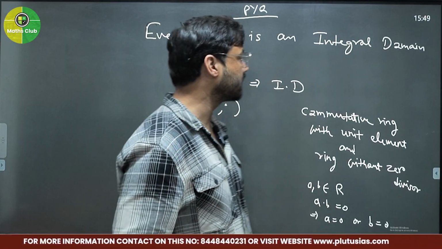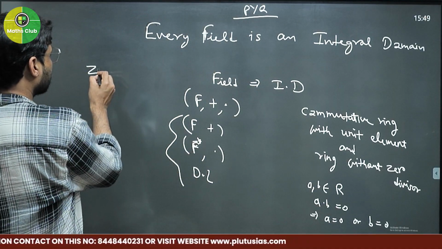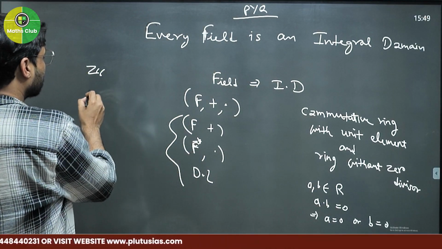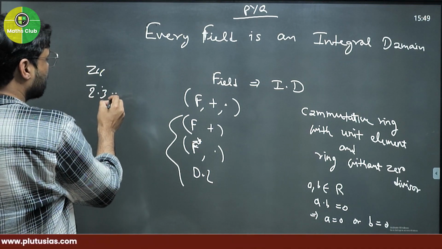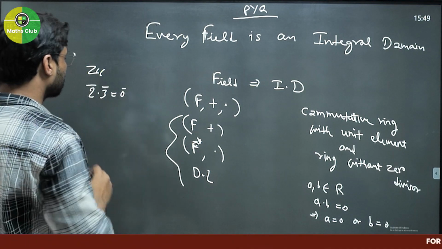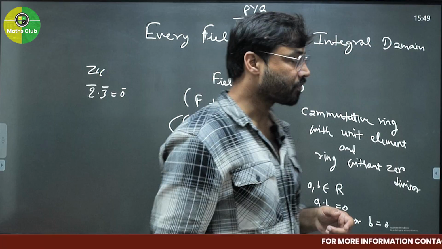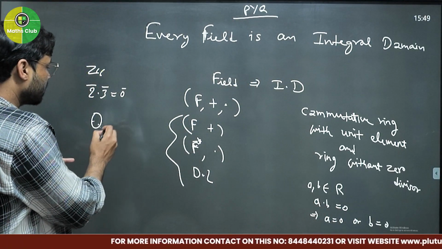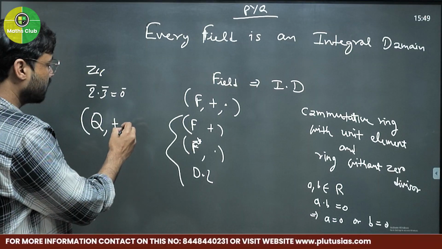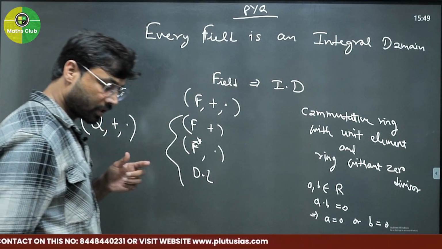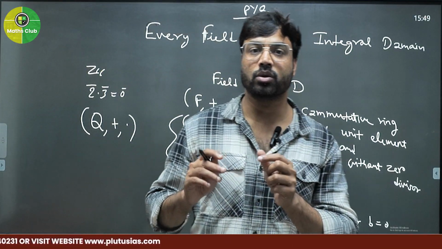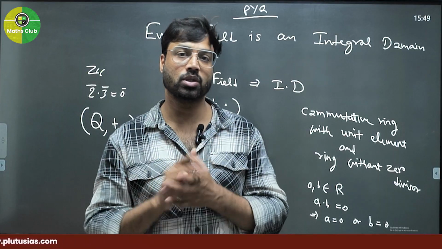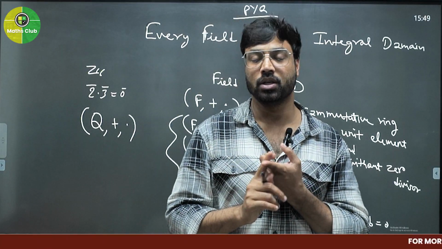All rings are not rings without zero divisors. For example, take Z6. Z6 is a ring, but here two non-zero elements give a product equal to 0. That means this ring is not a ring without zero divisors. Now take the set of rational numbers, which also forms a ring. If the product of any two rational numbers is 0, then at least one of them is 0.